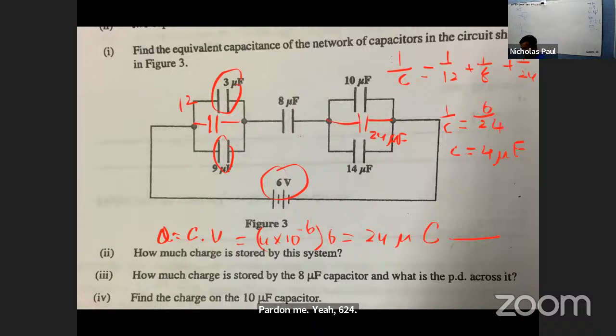Yeah, 2.4 by 10 to the minus 5. So that's 24. Right, all right, 24.